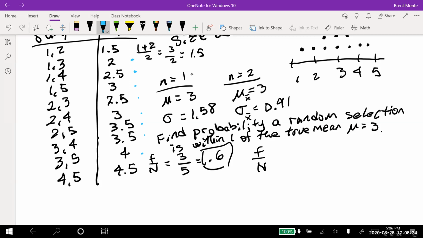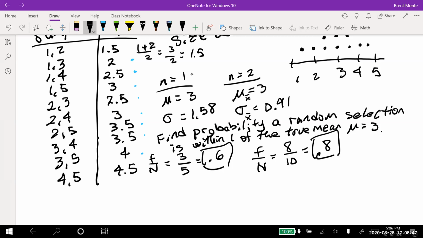So this time, 8 out of 10 of the numbers that we could select are within 1 of the population mean. So I've improved my chances that if I randomly select one of these values, or in this case, one of these sample means, I've got an 80% chance that I'm within 1 of the population mean.